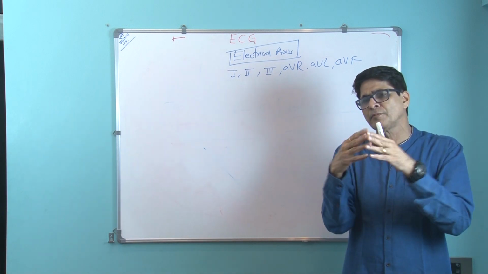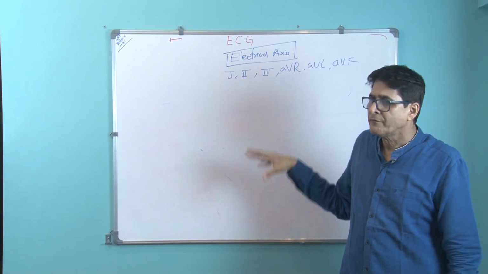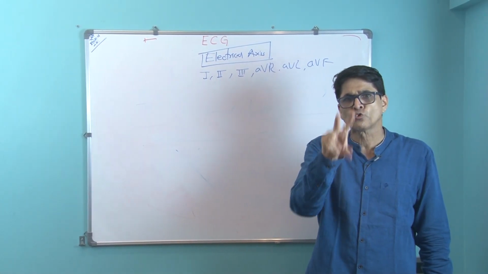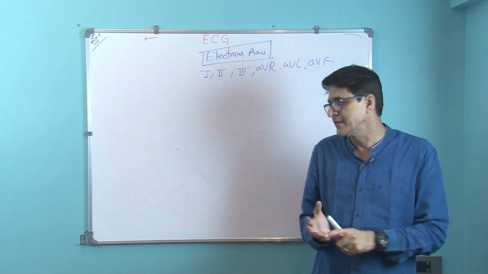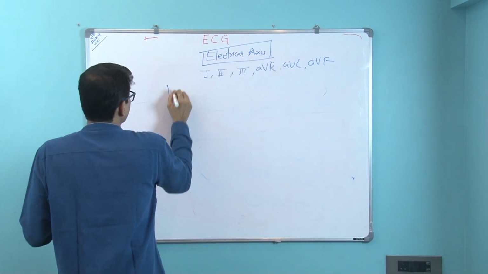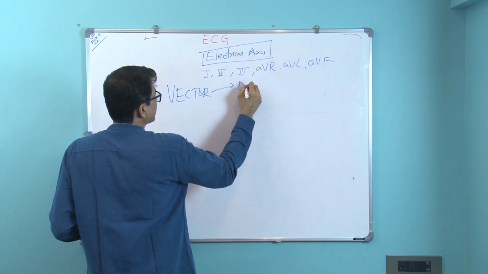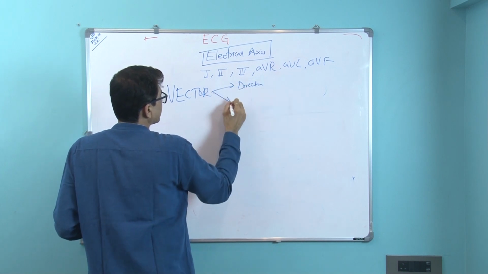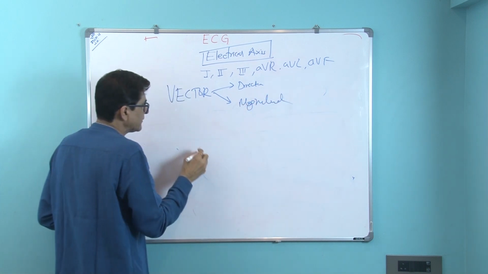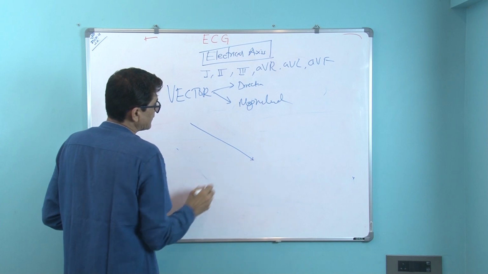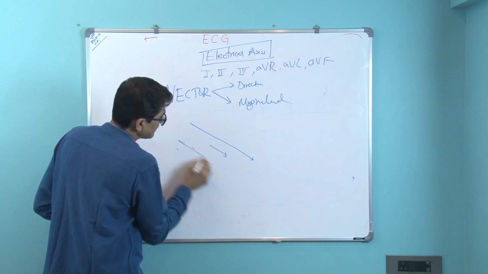Previously, before the electrocardiogram, there was the vectorcardiogram. So what is a vector? A vector has two things: one is direction and the other is magnitude. Suppose the direction is like this, this is a vector, and magnitude means this is this big, this is small, this is very big.